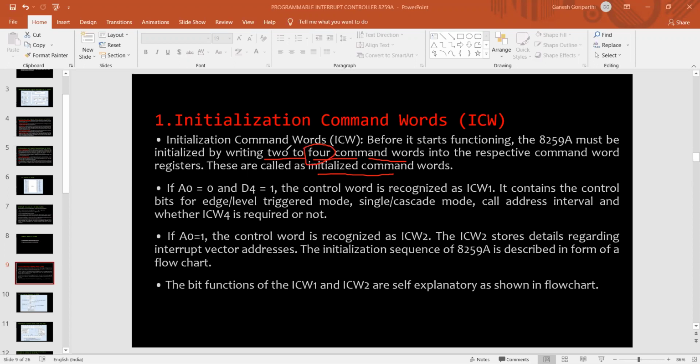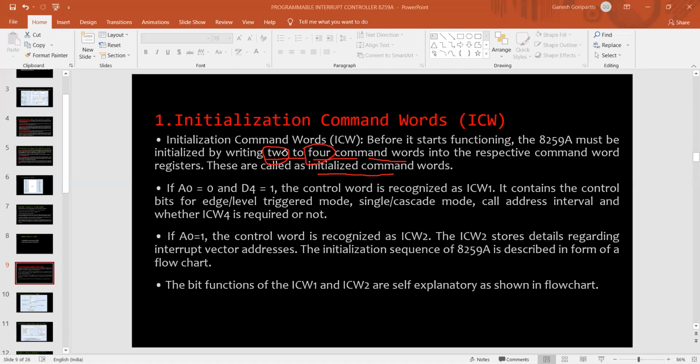Similarly, the minimum number is 2. That means compulsorily we need to write 2 initialization command words. That is the minimum for initializing the functioning of the 8259, and at maximum we can write 4.